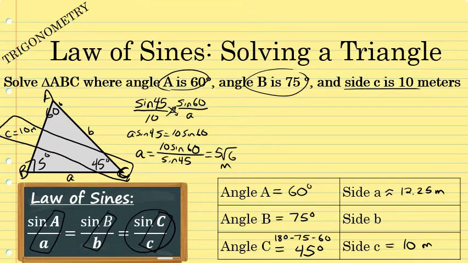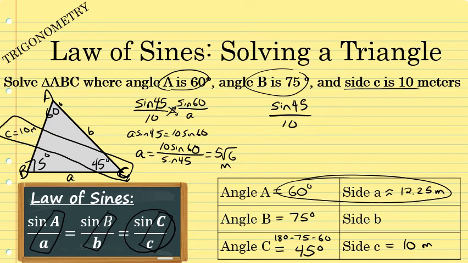I'm going to find side B in a similar manner. This is not a right triangle, so I can't use the Pythagorean theorem at this point to find the third side, but I can use the law of sines. When I use the law of sines, I'm going to again start with the sine of 45 over 10. I could start with the sine of angle A, 60 over 12.25, but that wouldn't be ideal, because 12.25 is not the exact length of side A. It's approximated.